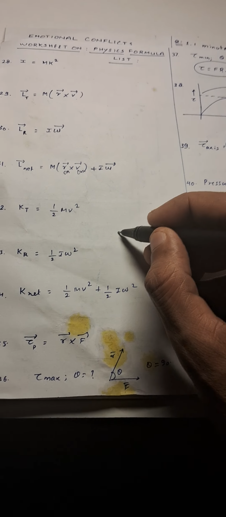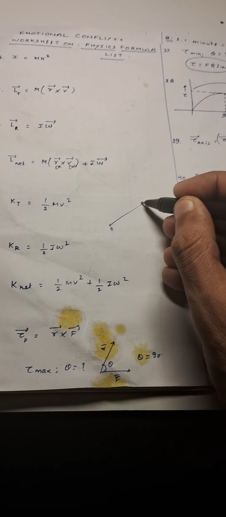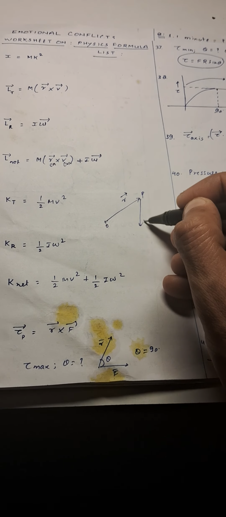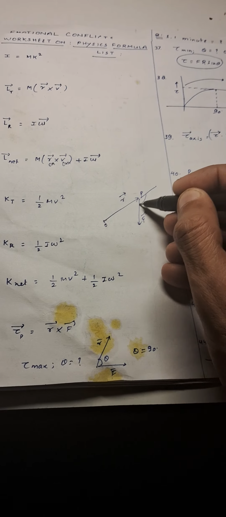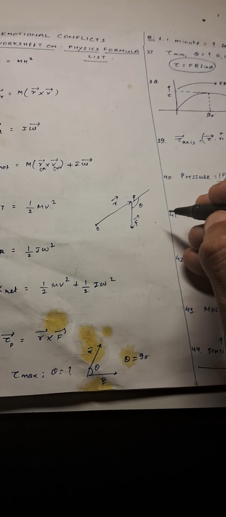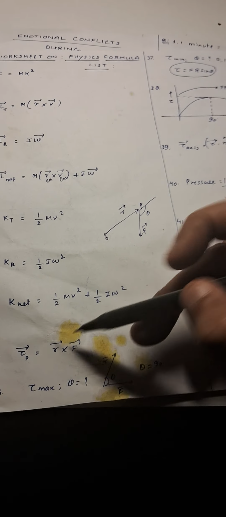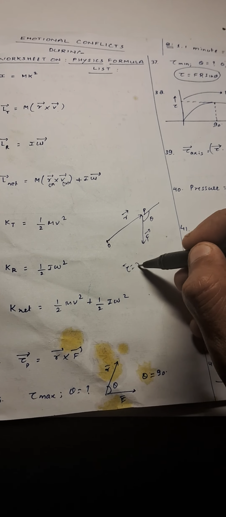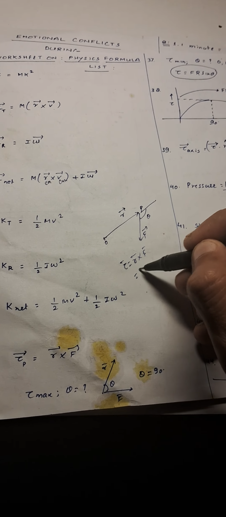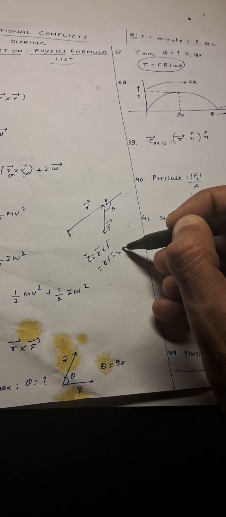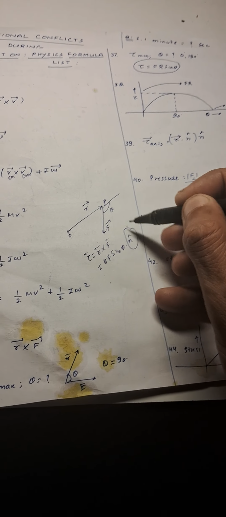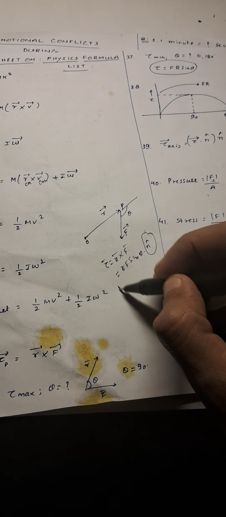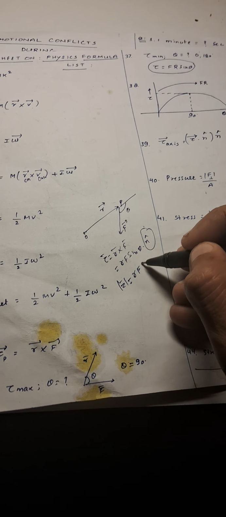Let's elaborate on this. Suppose this is a point O, and from here we draw position vector r to a certain point P, and there is a force F acting on it, and suppose the angle between r and F is theta. So torque is given by the cross product of r and F, and we know that r cross F can be simplified as r F sine theta into n cap, where n cap is a unit vector perpendicular to the plane of r and F. Then we can say that the magnitude of torque is r F sine theta.